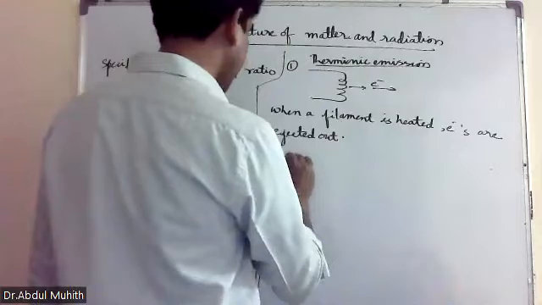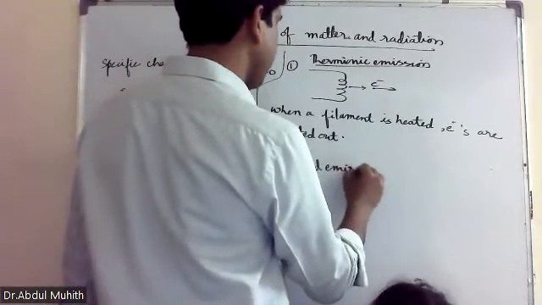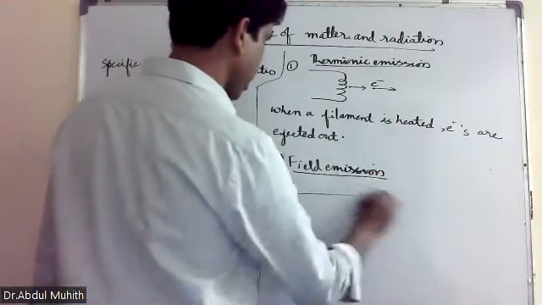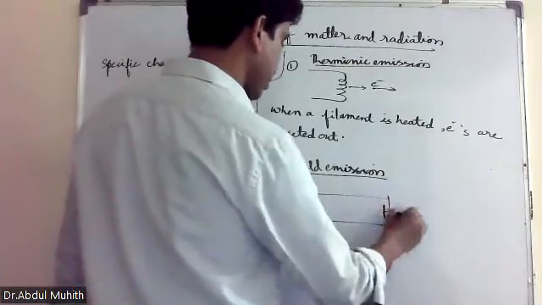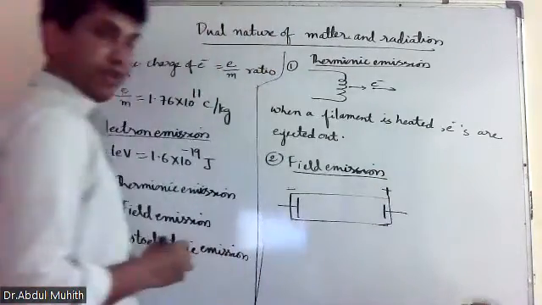The second one is field emission. Field emission is like this: suppose there is a tube, like a tube light, with two plates, one positive plate and one negative plate.